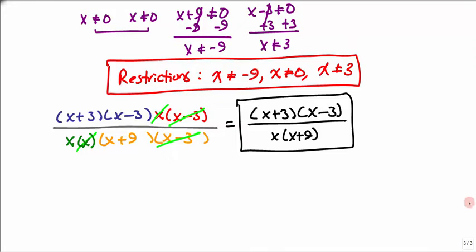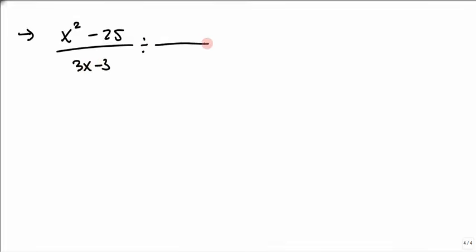Let's go ahead and look at a division problem next. So for this division problem, we have x squared minus 25 over 3x minus 3 divided by x squared plus 10x plus 25 all over x squared plus 4x minus 5.